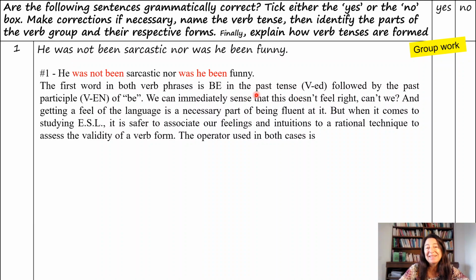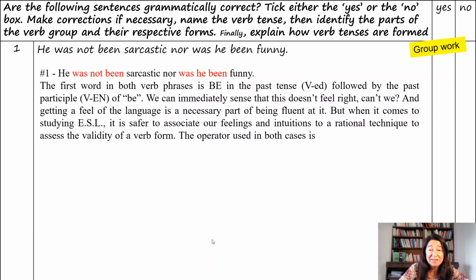And the symbol of the past tense is VED. We have already seen that one. So we have be in the past tense, and then we have be again, and that's the past participle of be, so that's VEN. So basically what we have here is be plus VEN.